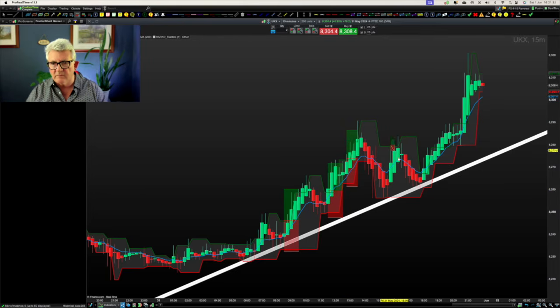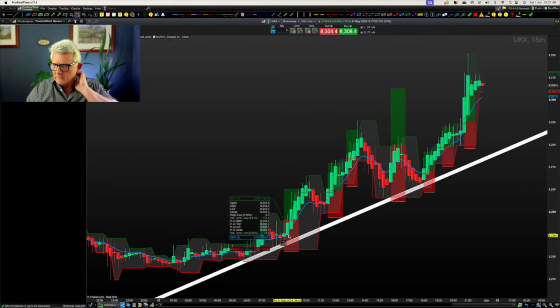Markets come back, there's another fractal breakaway here, another here, another there, and another there. So you can see 1, 2, 3, 4, 5, 6, 7. So there are quite a lot of opportunities using Heikin Ashi, using fractals, and identifying the breakaways as well.